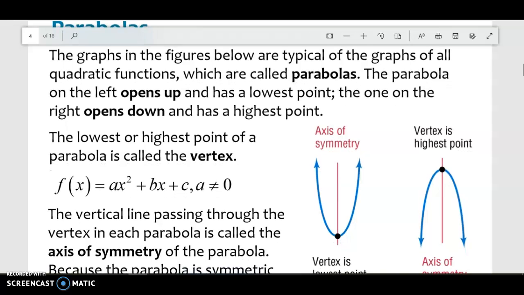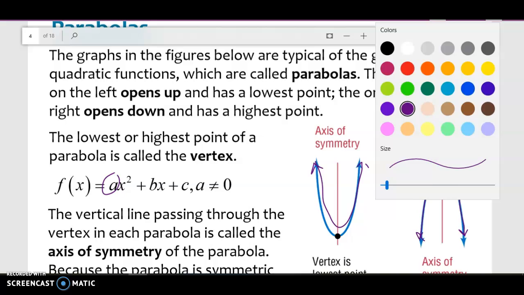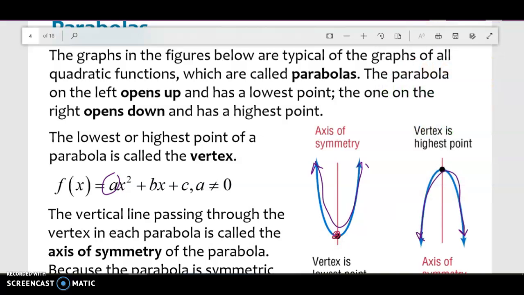If the a value, which is the leading coefficient, is a positive number, then our quadratic opens right side up. And if our a value is negative, it opens upside down. Also, we have an absolute minimum if it's right side up, and we have an absolute maximum if it's upside down.